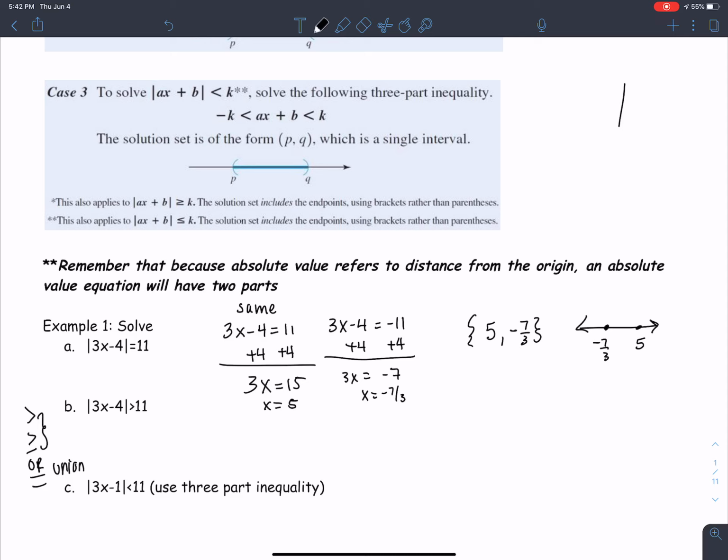So we're going to do 3x minus 4 is greater than 11. I wrote it exactly the same, and then I do 3x minus 4 again. And this next part, I say we change the gate. The gate is the inequality. Then I change the sign, and then we solve.